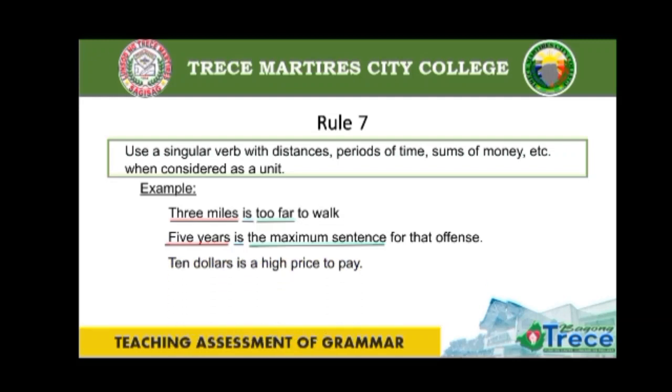Next example: $10 is a high price to pay. $10 is a plural, but we're going to use a singular verb because of the phrase a high price, which is considered as a unit.